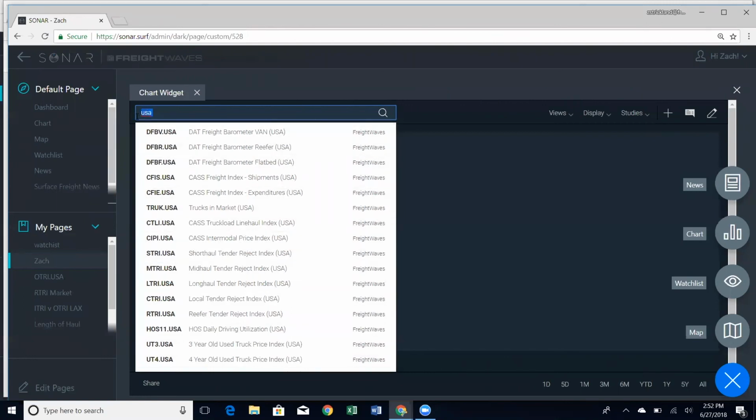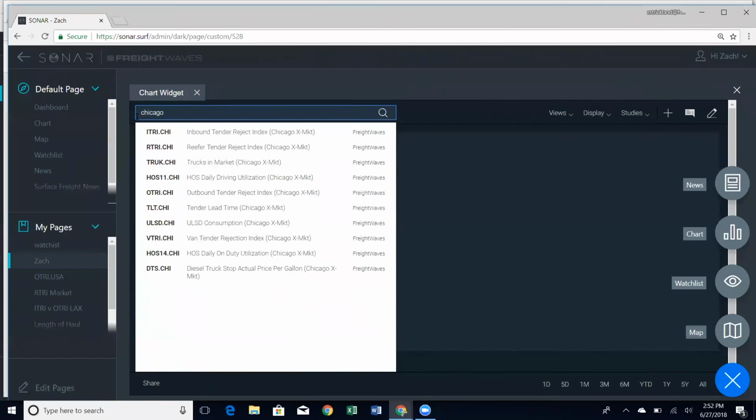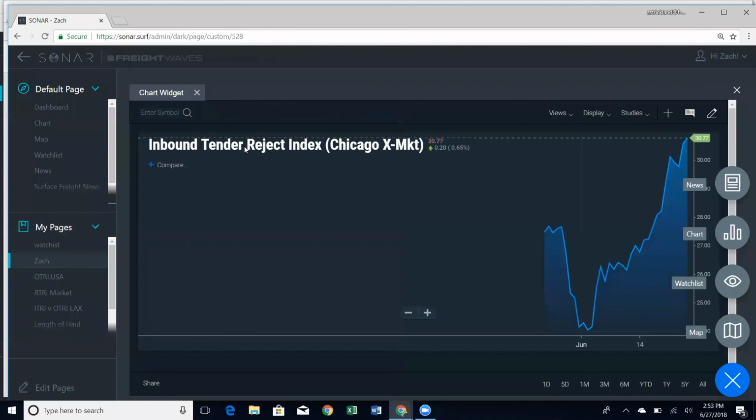If I'm interested in the inbound tender rejection index for Chicago, but I can't remember what exactly that acronym is, if I type in Chicago, then it will list here all of the data sets for Chicago. So if I want to click on inbound, then of course I can click on the inbound tender rejection index there.